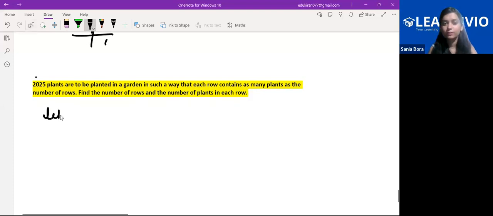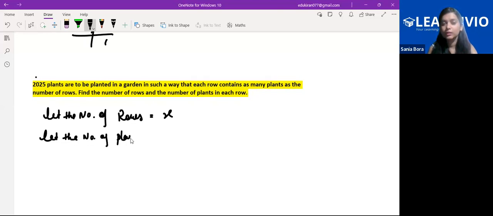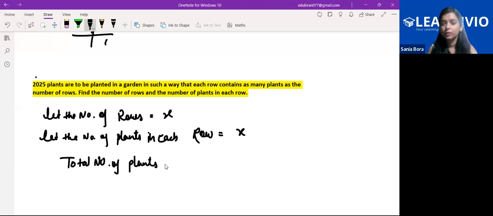Let the number of rows equal x, and let the number of plants in each row equal x. So the total number of plants in the garden would be x multiplied by x, which is x square.